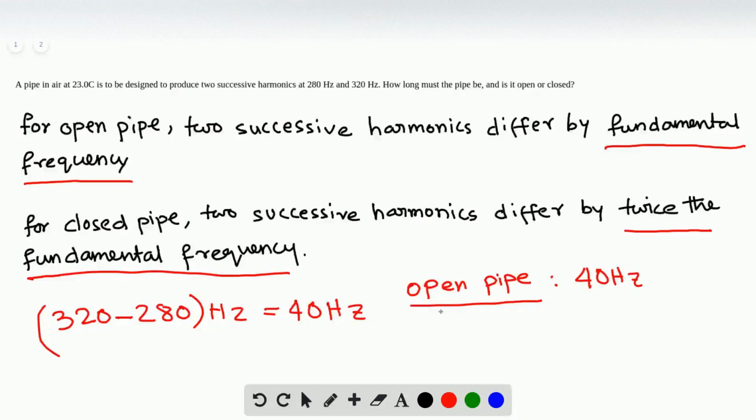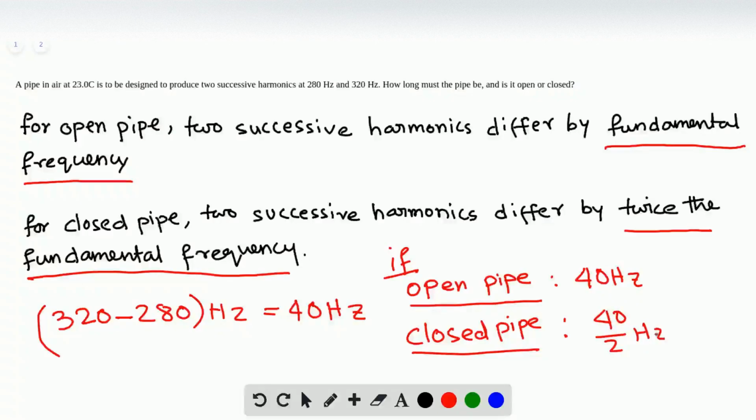If it's an open pipe, the fundamental frequency is 40 hertz, and if it's a closed pipe, the fundamental frequency will be half of it, so that's 20 hertz.